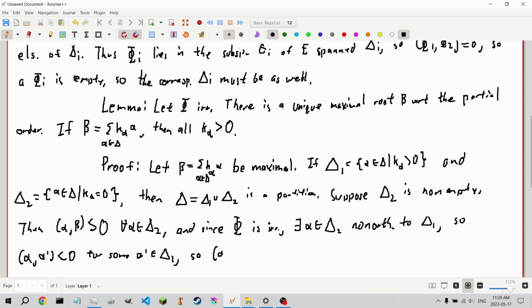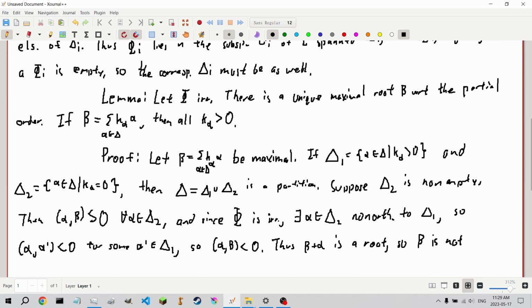So the inner product of alpha and beta must be negative. Thus, beta plus alpha is a root. So beta is not maximal. But we know it's maximal, so delta 2 is empty.